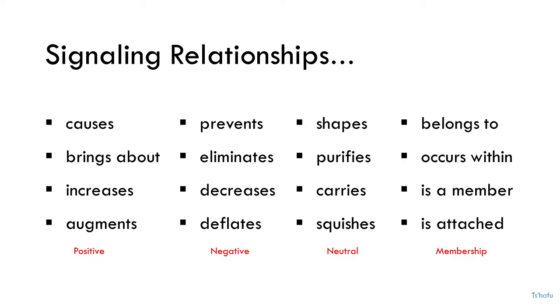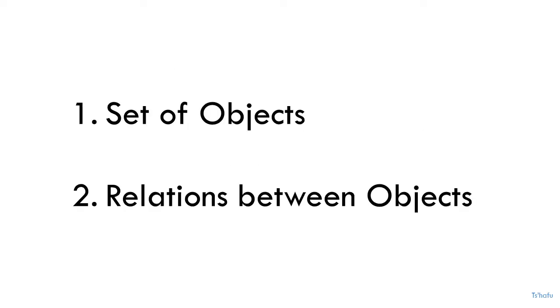A belongs to, occurs within, is a member, or is attached to B. So we can see that there are many types of relationships that can bind our objects together. But either way, the point being is that any argument, we can break into this, a set of objects and the relations between the objects.